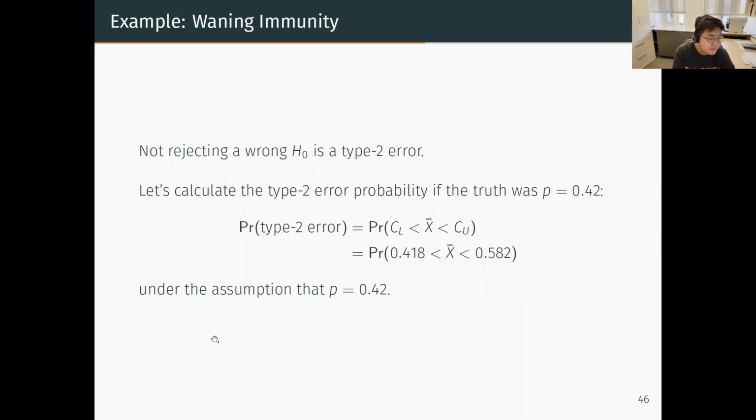But in this case, we are assuming that the probability is actually 42%. Probability is 42%, but the sample average happened to be between the critical values, so you cannot reject. That is what we are going to calculate.